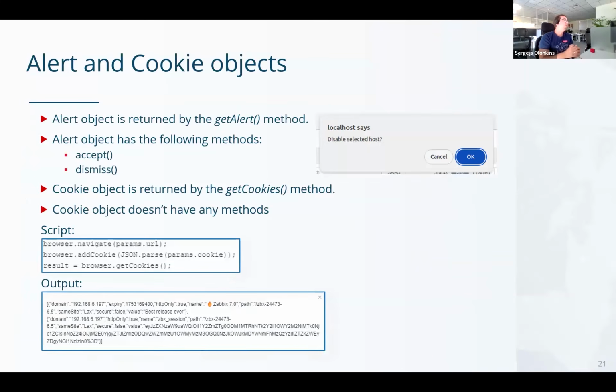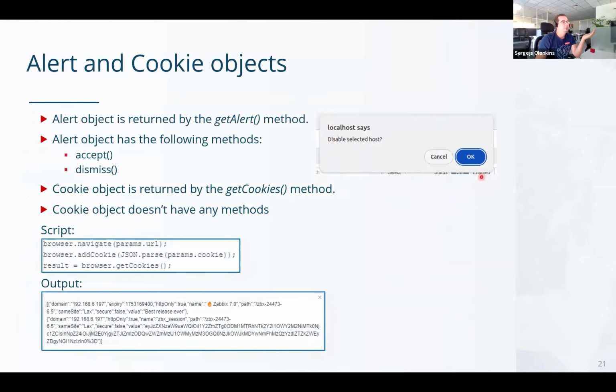Talking about alert objects and cookie objects, during your script execution, there might be cases when you encounter web page alerts, like in this example, where we tried to disable a host and the following alert appeared. Well, basically, to interact with it, we use the alert object.